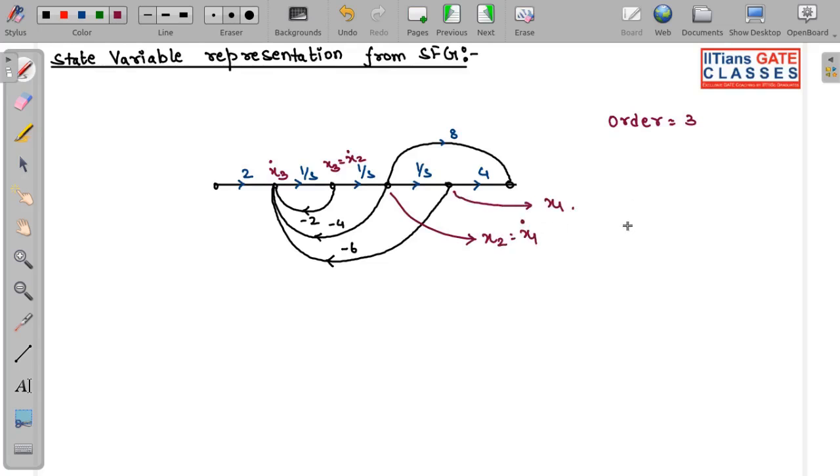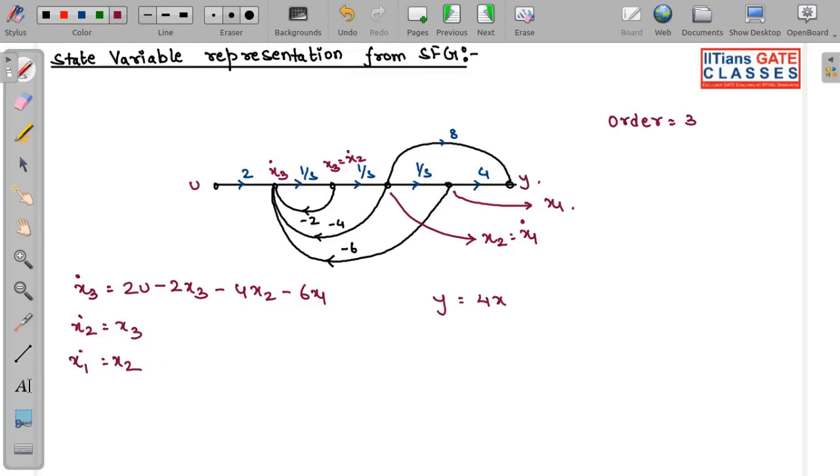Writing from here, x3 dot is equal to 2u minus 2x3 minus 4x2 minus 6x1, and you have x2 dot is equal to x3 and x1 dot is equal to x2. This value is y, so y is equal to 4x1 plus 8x2.